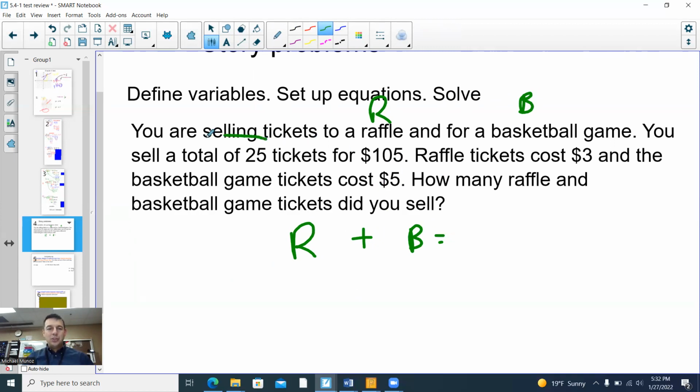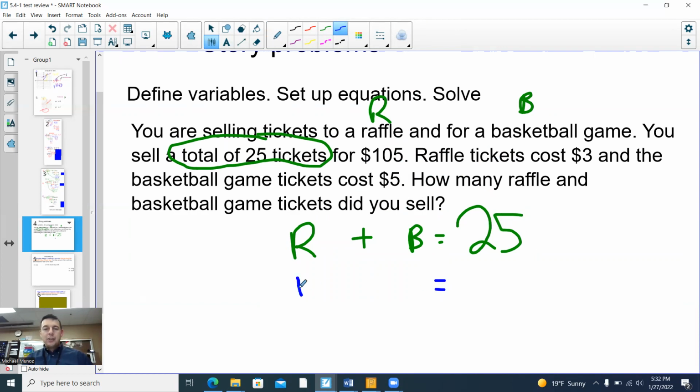So I sold a total of 25 tickets. I don't want to mess with this money one yet. I'll do that in the next equation, where I do all money. All the money will go together in the next equation. So R plus B equals 25. So my raffle tickets plus my basketball tickets, and I sold a total of 25 of them. The next one will deal with money.